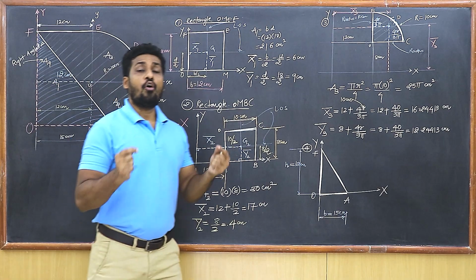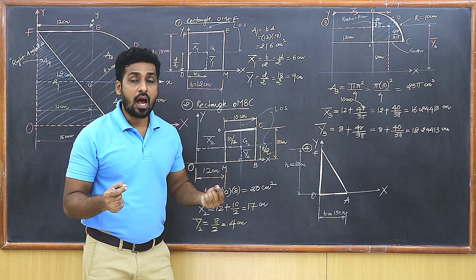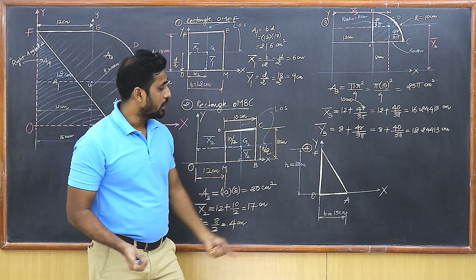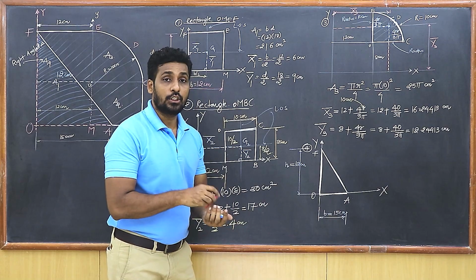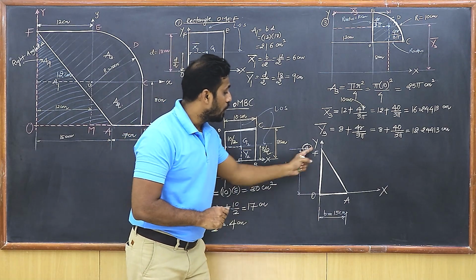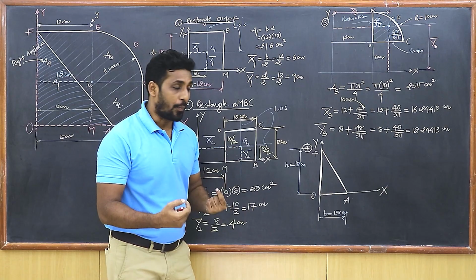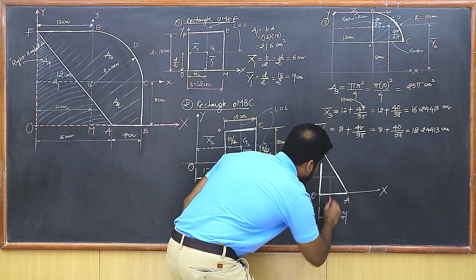So I know for a right angle triangle, where does the centroid lie? It lies at 1/3 distances from the perpendicular sides. So these are the two perpendicular sides. So you draw two lines in such a way which are parallel to these perpendicular sides, and they are at 1/3 distances of the perpendicular sides. So I have this one parallel line and the other parallel line.